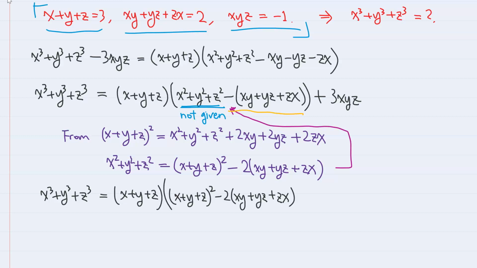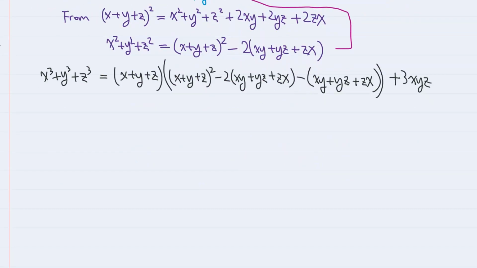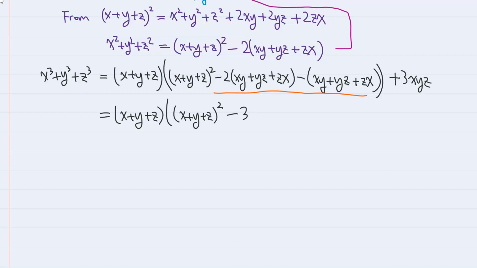In the remaining part, minus xy plus yz plus zx plus 3xyz. And if we combine these two parts, we have minus 3 times xy plus yz plus zx.